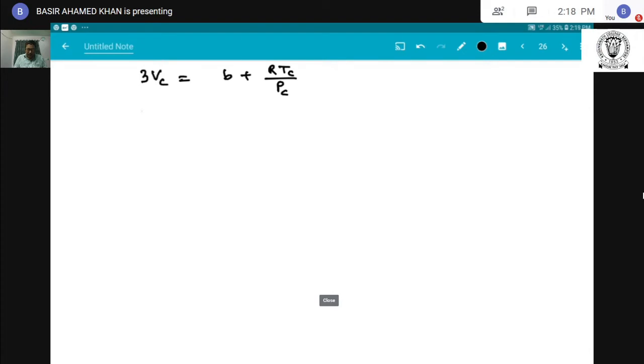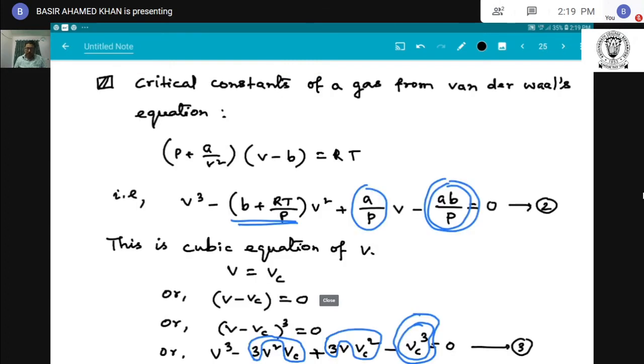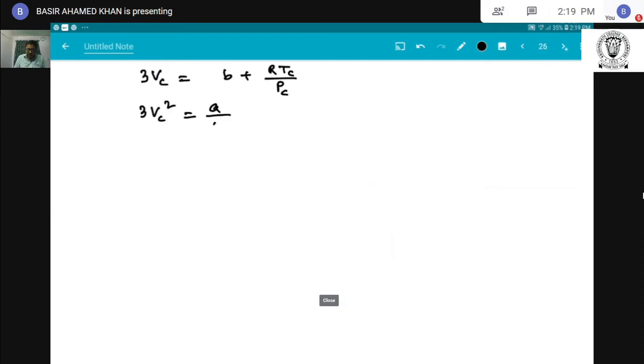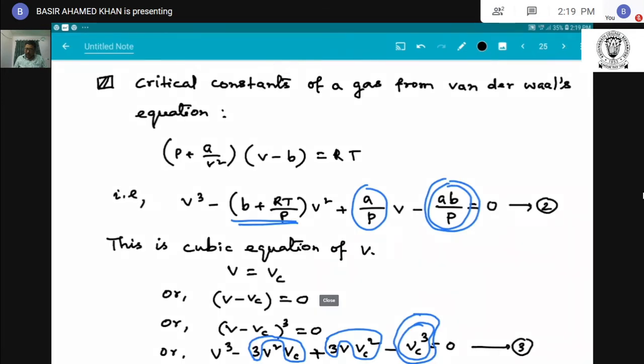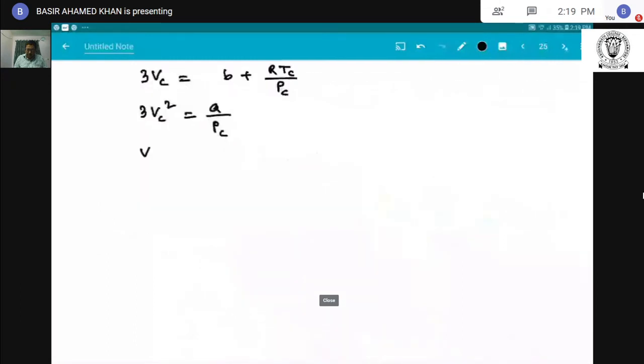And next, 3Vc² = a/Pc, and Vc³ = ab/Pc. So this is equation 4, this is 5, and this is 6.